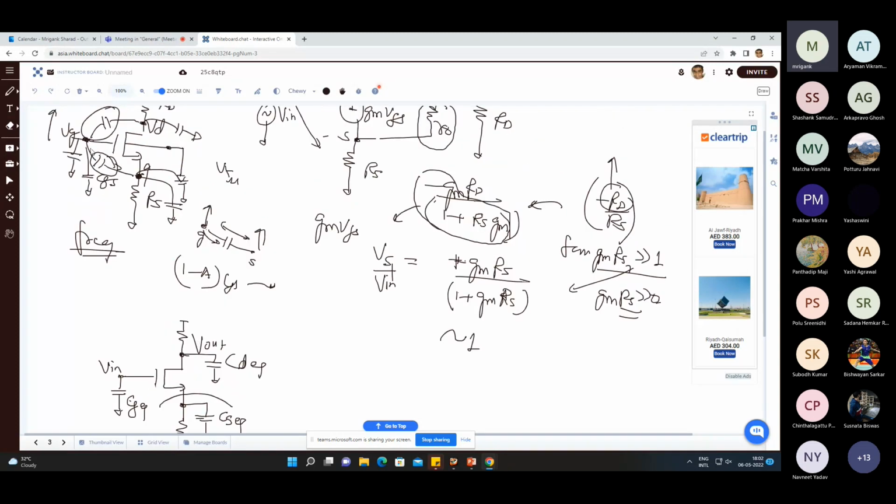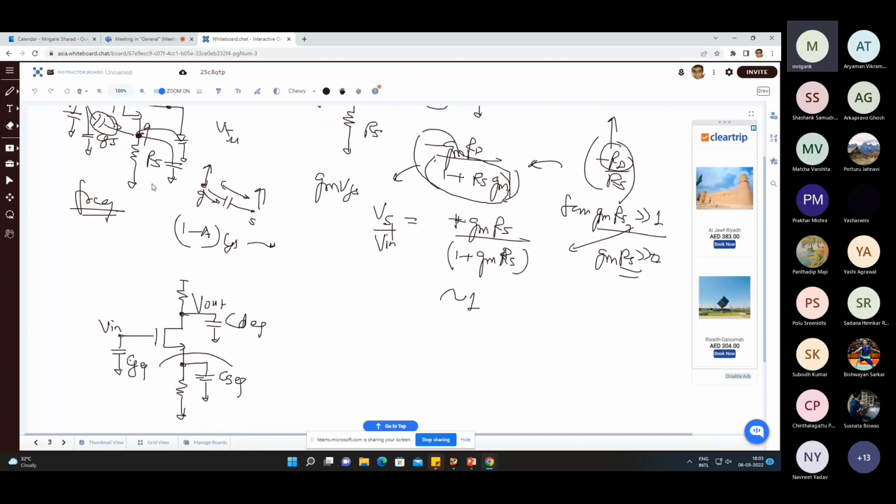Here CGS has not contributed much; its contribution is nil or very small, and the only contribution is coming from the CSB. The CSB is the junction capacitance, and the junction capacitance magnitude is in general smaller. So we can justify that out of these three, the CSB will be smallest.